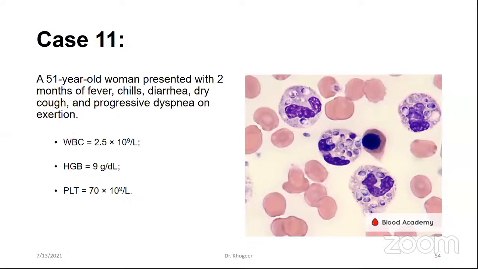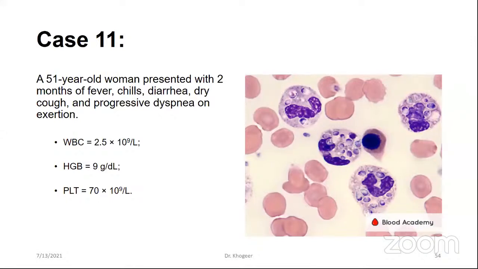In the follow-up bone marrow, please be careful when you examine the follow-up bone marrow or peripheral blood of a patient who was diagnosed with APL. Don't just look for the promyelocytes.